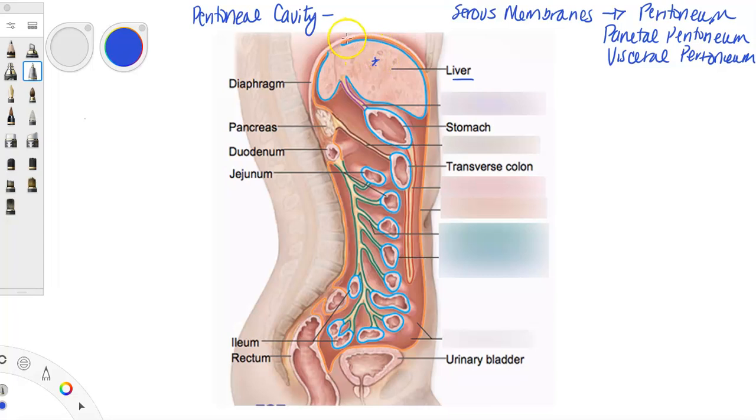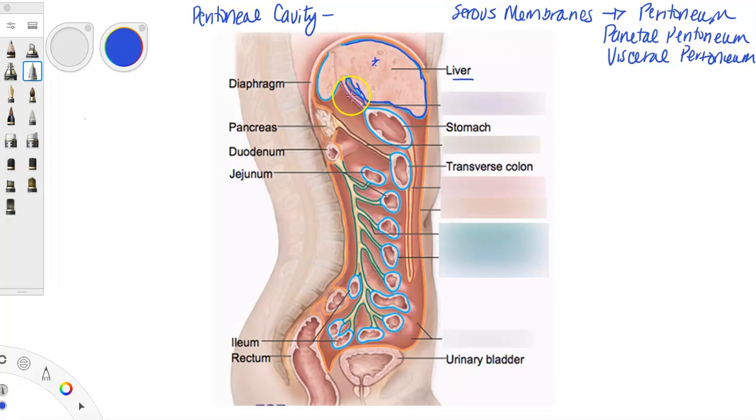And if I start here, this blue line that I'm running my pen over, this is the visceral peritoneum. And we know it's visceral because it's connected. It's right on top of the organ, the liver here. So it goes up here and it kind of comes around here, and then it goes down this little area here.